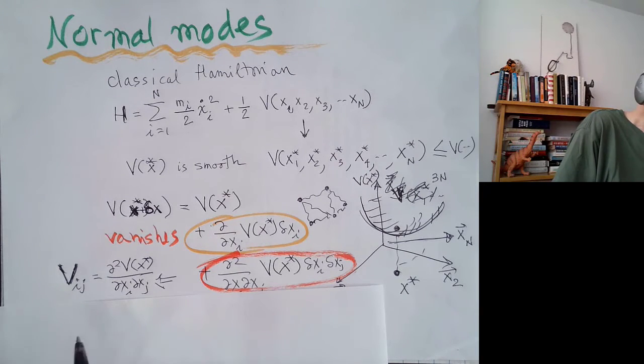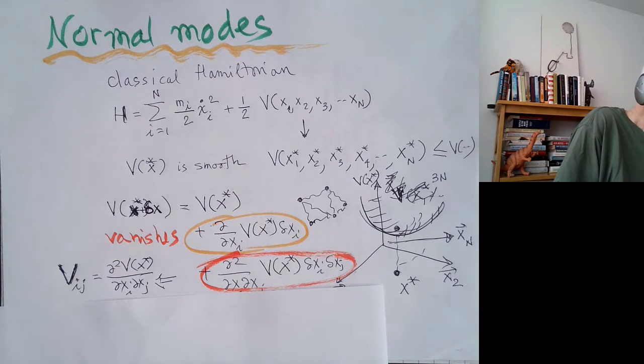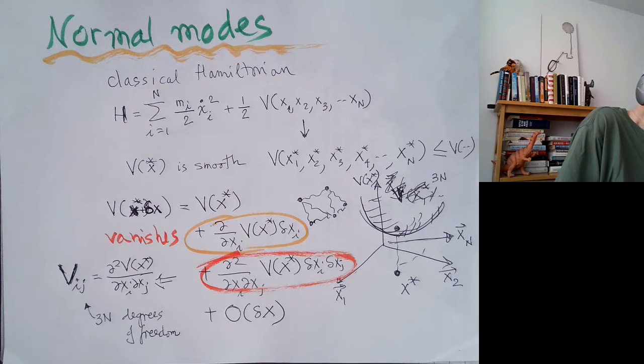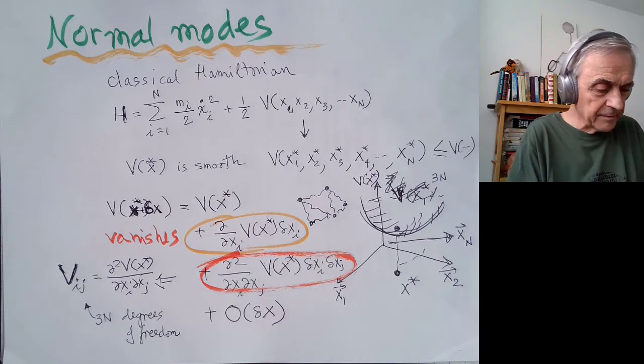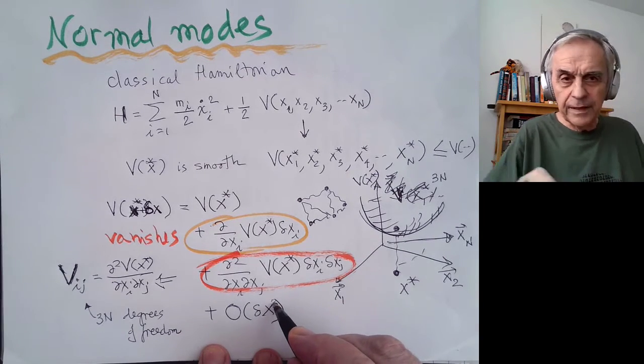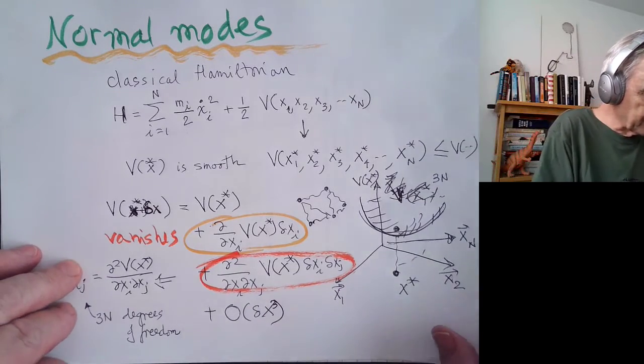So let's define this to be a matrix, Bij, which is the value of the matrix evaluated at the equilibrium point. This is the curvature. And if I'm at the bottom of the well, moving in any direction should increase energy, so they should have positive curvature.